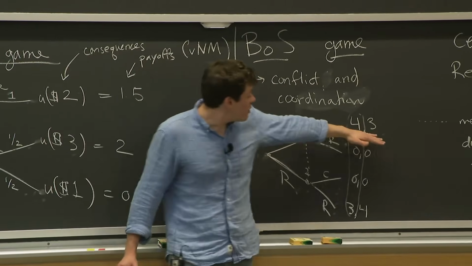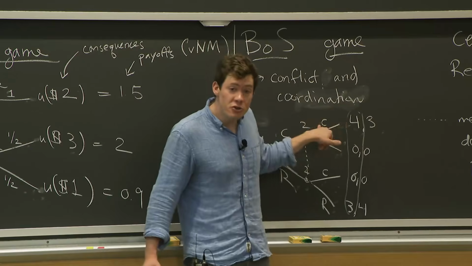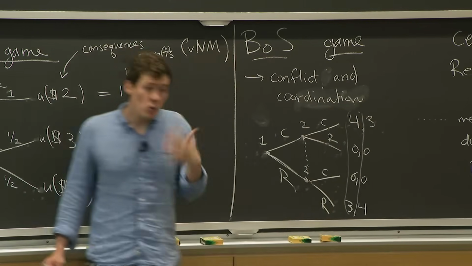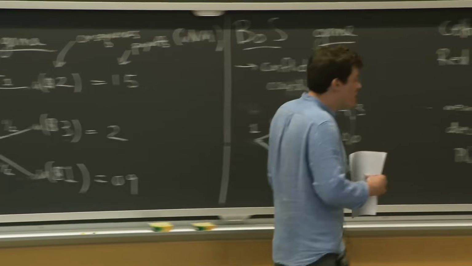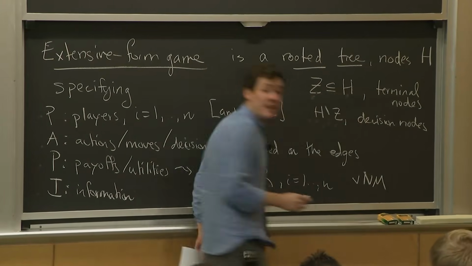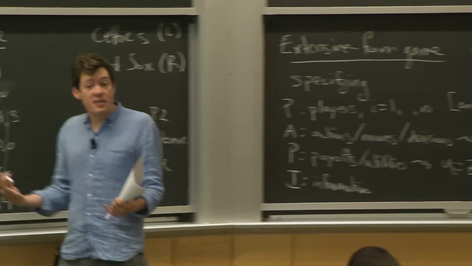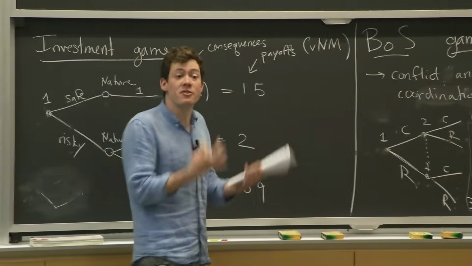So technically what I put here is U1 of this outcome, comma U2 of this outcome, or consequence, same thing. And these are, I should emphasize, von Neumann-Morgenstern utilities, just like we said last week, so that when players face uncertainty, they evaluate lotteries over consequences using expected utility.